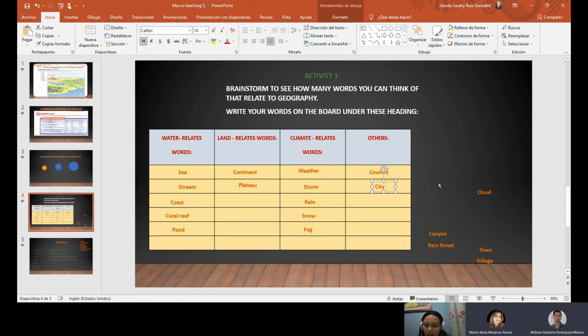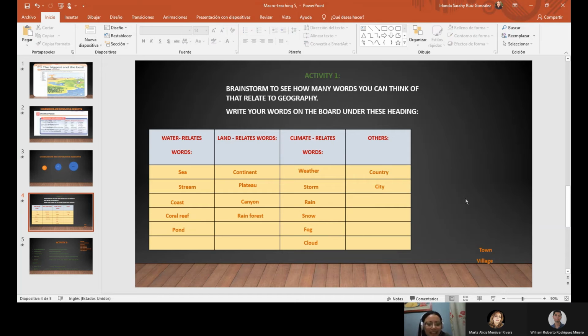I think others, because it is made by humans. Perfect. And canyon, what do you think? Like the big canyon, it is related to land. You're right. Excellent job. Rainforest. Forest, land. Okay. And the last one, cloud. Cloud is related to climate.